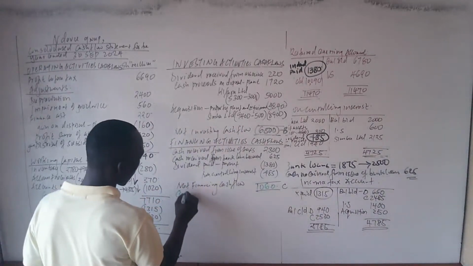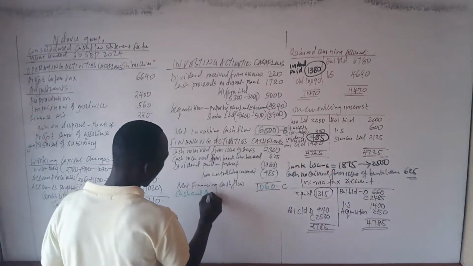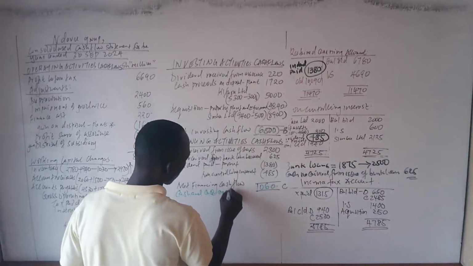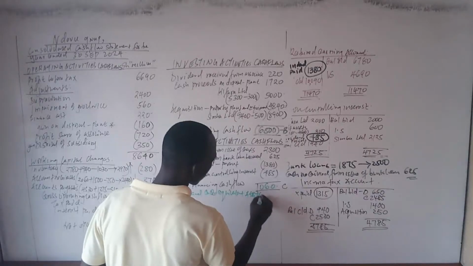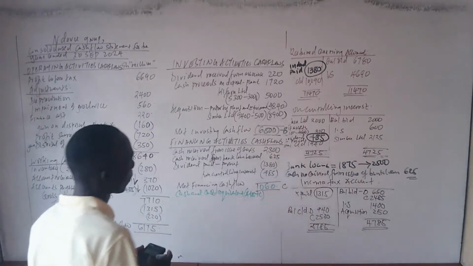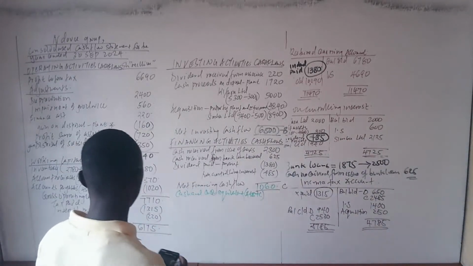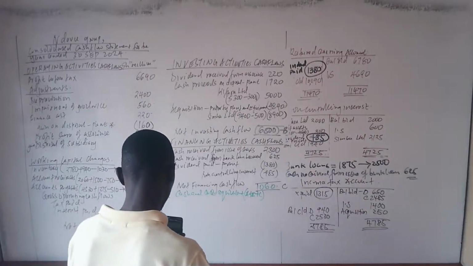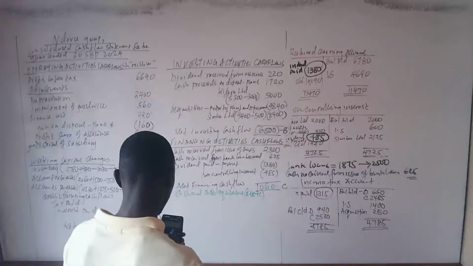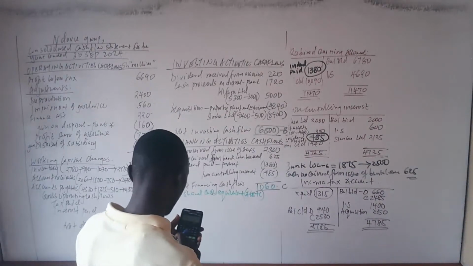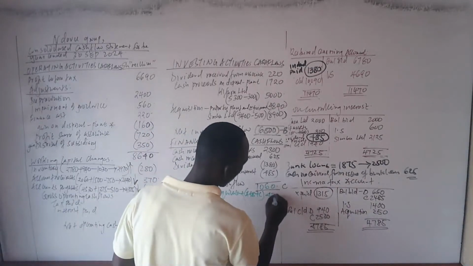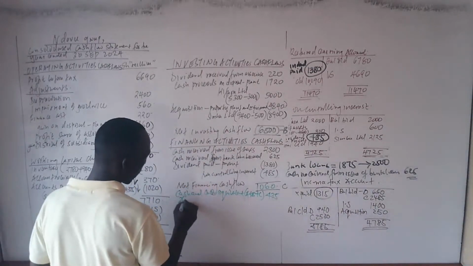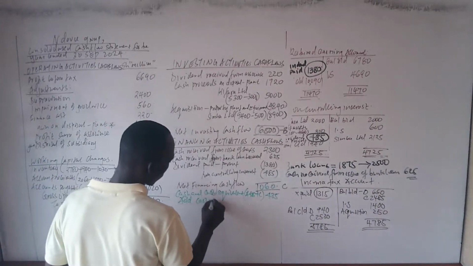Then we take cash and cash equivalent, which is A plus B plus C. It is 6175 minus 6800 plus 1060. So you will get 435.